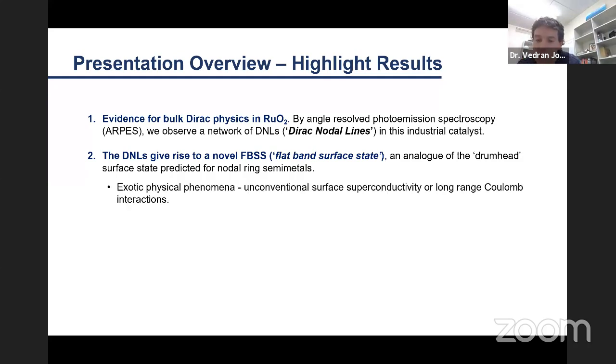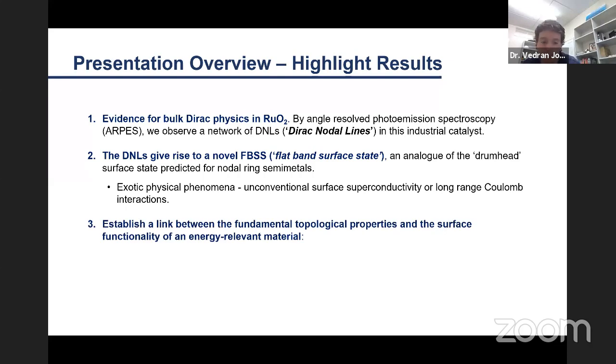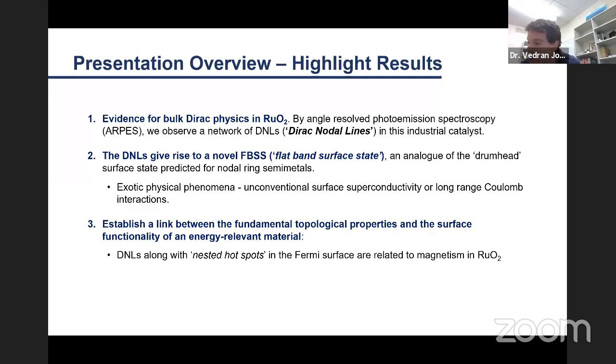Our results, for the first time, attempt to establish a link between the fundamental topological properties and the surface functionality of an energy-relevant material. These Dirac nodal lines host nested hotspots in the Fermi surface, which are postulated to be related to the magnetism in this material.